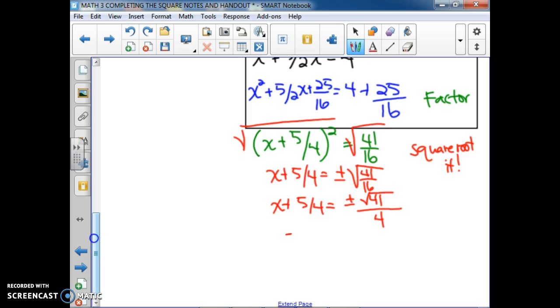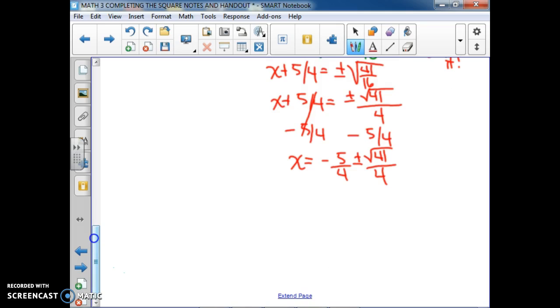Then I have to move 5 over 4 to the other side, so I'm going to subtract 5 over 4 from both sides. I have x equals negative 5 over 4 plus or minus the square root of 41 over 4. I can write that even simpler: x equals negative 5 plus or minus the square root of 41, all over 4.